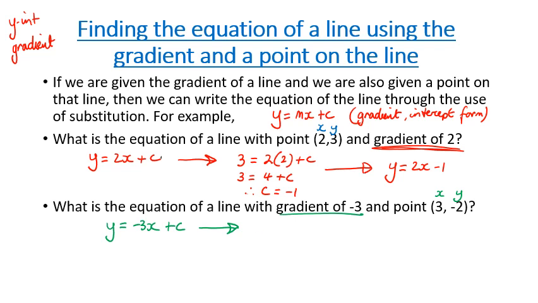So negative 2 equals negative 3 lots of 3 plus c. Negative 2 therefore equals negative 9 plus c. Therefore c is going to equal positive 7. Therefore my equation would be y equals minus 3x plus 7.